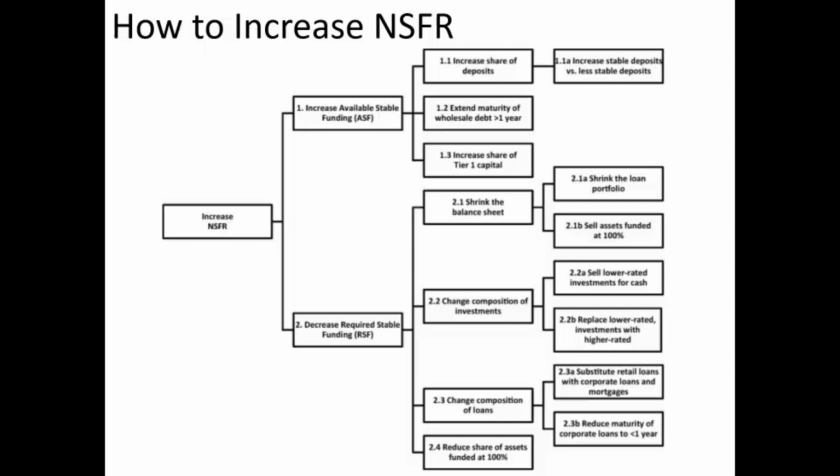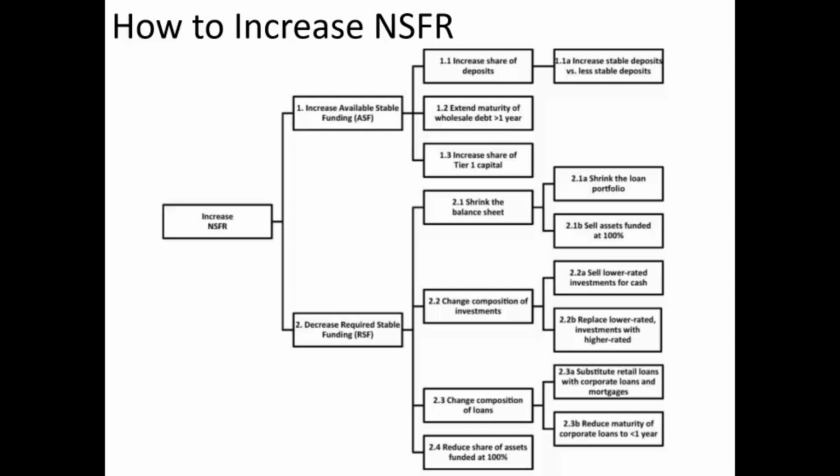And for the banks that don't actually meet the net stable funding ratio requirement, King 2018 produced this diagram suggesting how a bank may increase its net stable funding ratio. That's looking at the formula and asking how you increase available stable funding, the top half of the formula, or how you could decrease the required stable funding, the bottom half of the formula.